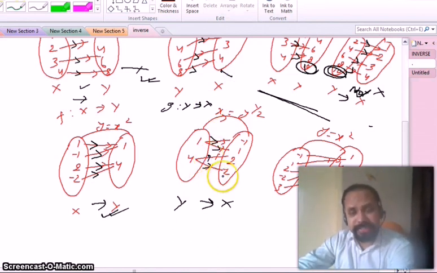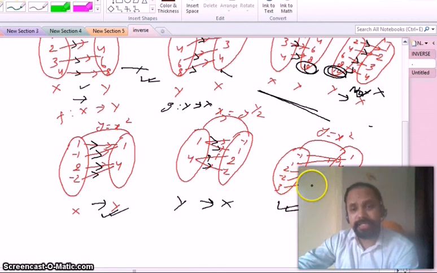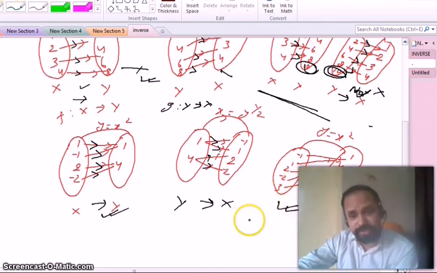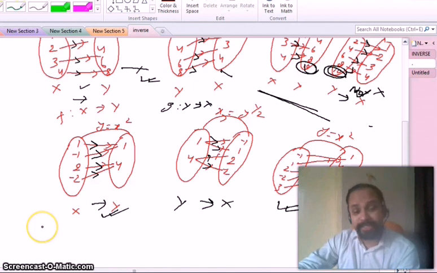But in this case 1 has more than one image, that means it is not a function. The same we can follow with this one also. 16 doesn't have a pre-image, that's why it is not a one-one onto function. That's why the inverse of this function cannot exist. So this is the basic form of the basic criteria of an invertible function.